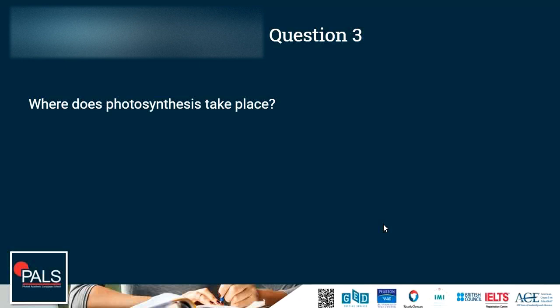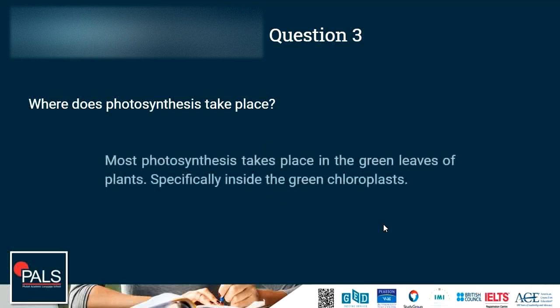Alright, question number 3. Where does photosynthesis take place? Now, most parts of photosynthesis take place in the green leaves of the plants, and specifically inside the green chloroplasts of the leaf cells.